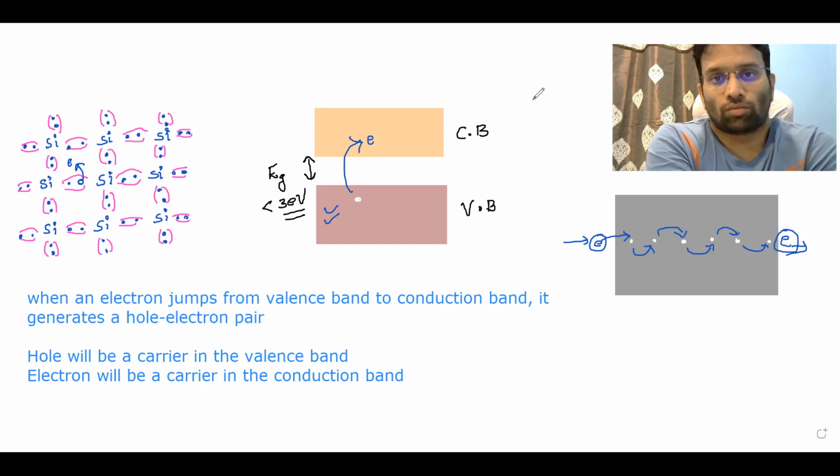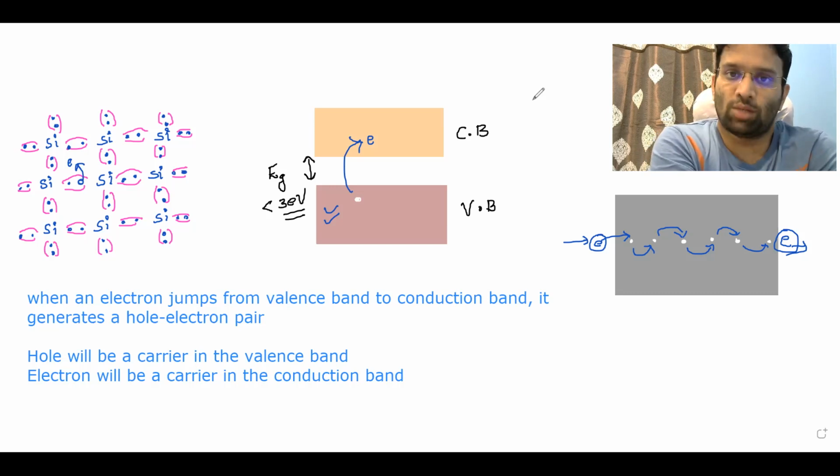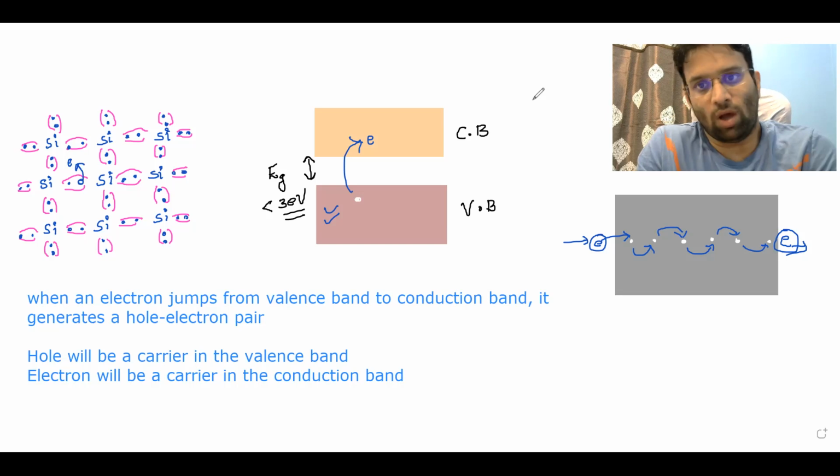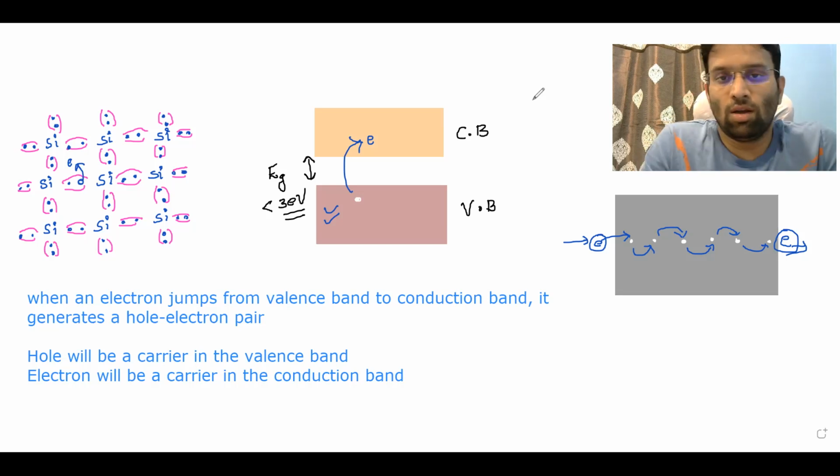This is expressed using the parameter mobility. Hole mobility is quite small in comparison to the mobility of the conduction band electrons. I hope you are clear so far, and further we will discuss in the next video.